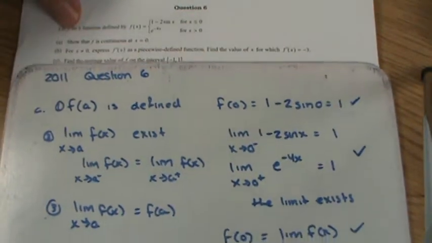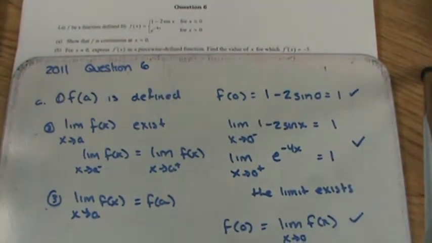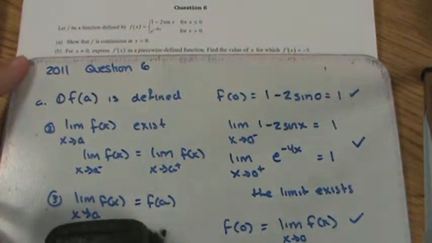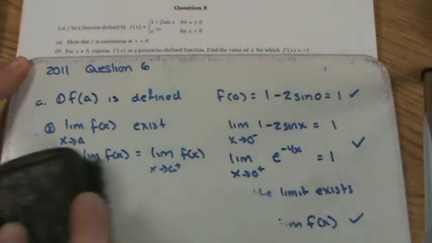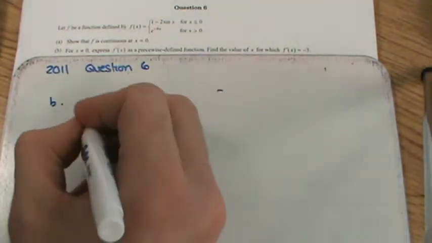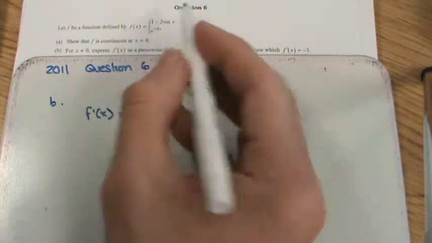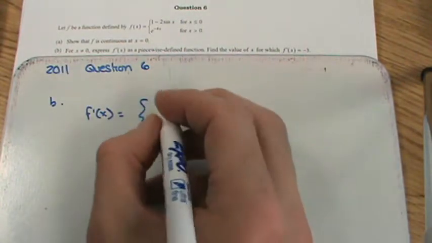All right, let's go into part B. For x not equal to 0, express f prime of x as a piecewise defined function. Find the value of x for which f prime of x equals negative 3. Now, piecewise functions, when we take the derivative, we just have to take the derivative of each part. So f prime of x is going to equal, derivative of 1 is 0.